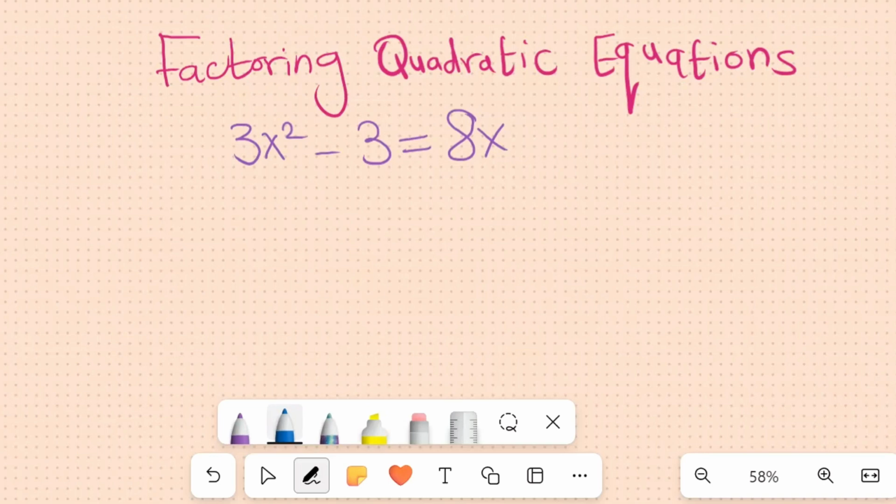Because there's a number beside x squared, we're going to use another technique. Let's start by moving the 8x to the left side. It will be 3x squared minus 8x minus 3 equals 0. And we did that to make it easy for factoring.